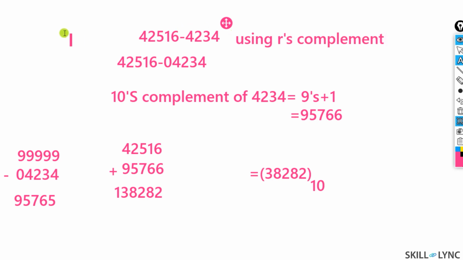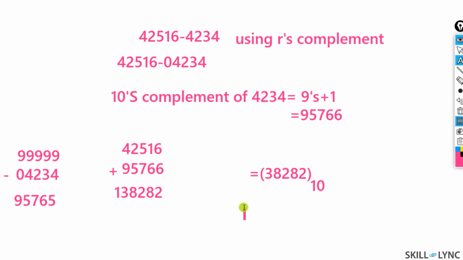The question may be this way: solve these two decimal numbers using R's complement or 10's complement, because if it is a decimal number system, it must be 10's complement. First of all, equate the number of digits, then find the 10's complement of the second number and add it to the first. If a carry is there, ignore the carry and the last digits will be your result. Similarly, you can take any question with R's complement.